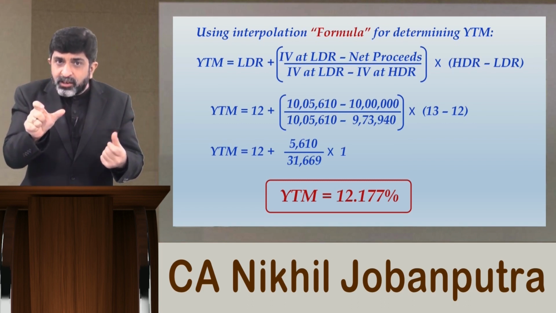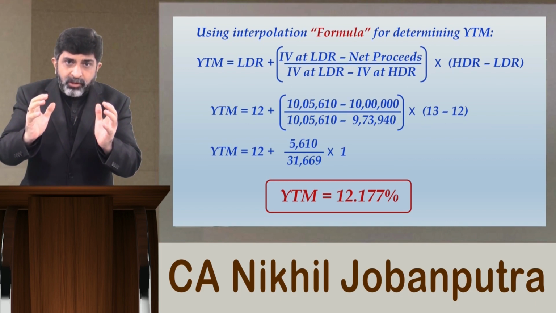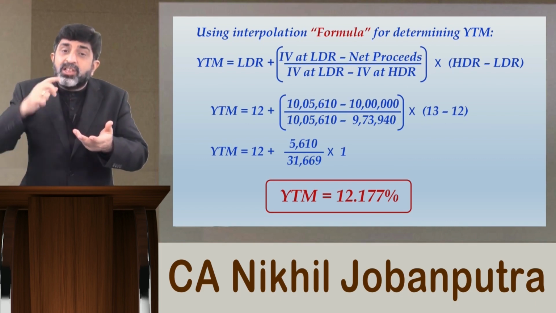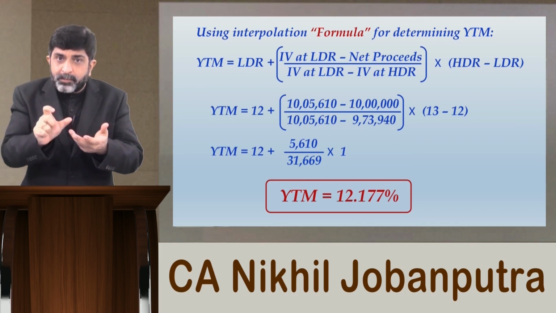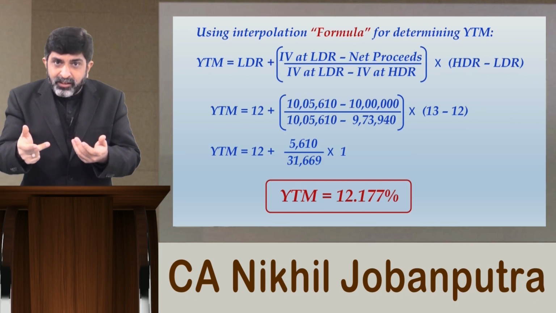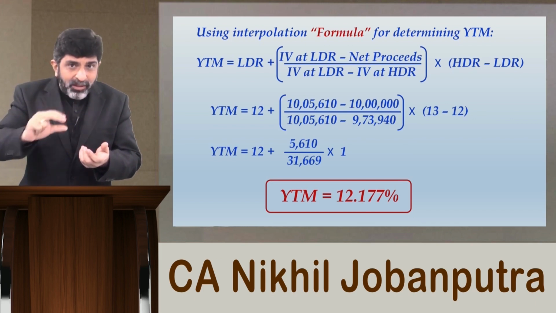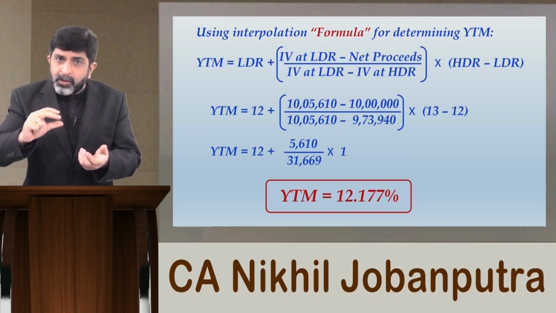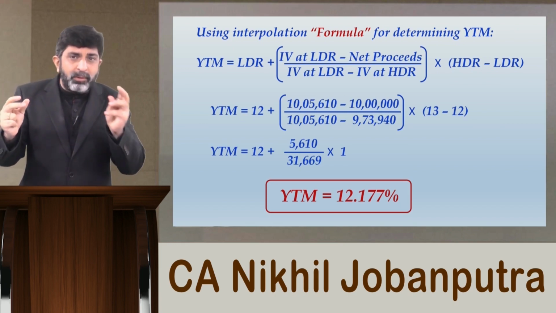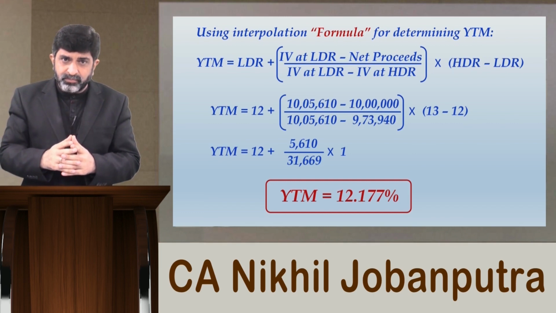At 12%, the intrinsic value of the debenture was more than the net proceeds, giving a hint that the debenture holder has a positive NPV at 12% discounting rate. That means the rate of that debenture or the YTM of that debenture must be between 12 and 13% and not between 11 and 12%.